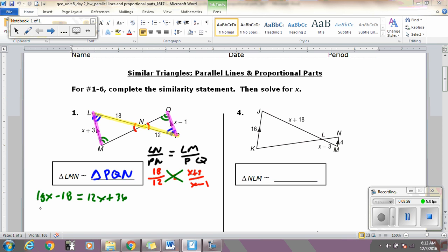Now I would subtract 12x from both sides, which would give me 6x minus 18 is equal to 36. Then I would add 18 to both sides, so I would have 6x is equal to 54. And then divide both sides by 6, so x is equal to 9.